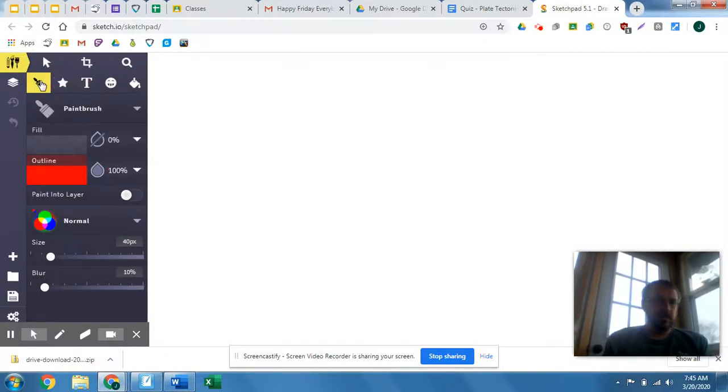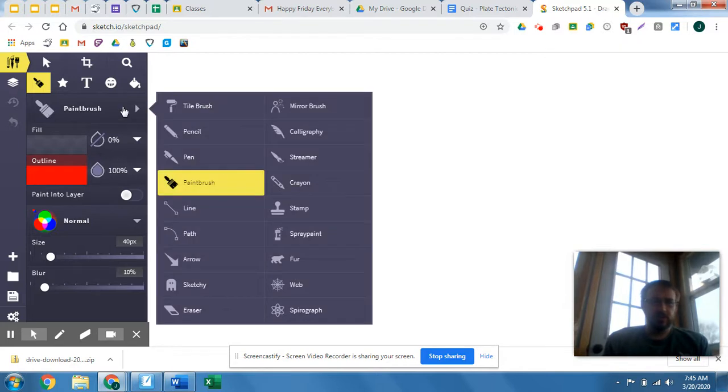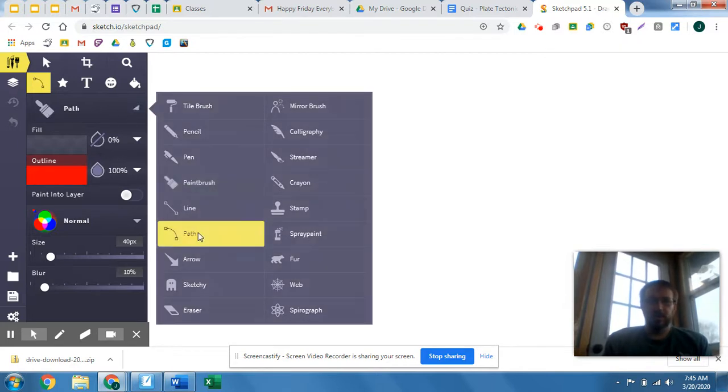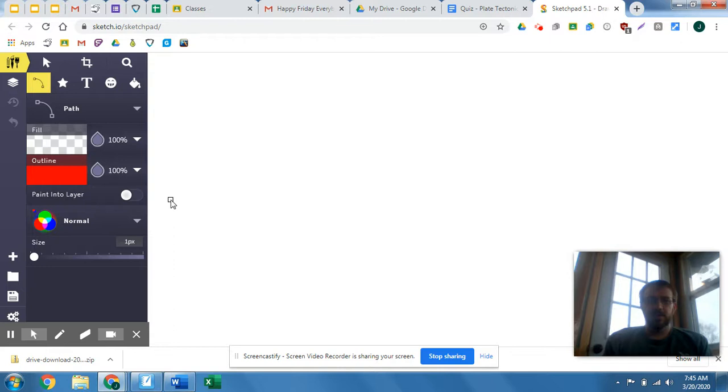What I notice is I've got a bunch of different tools I can use here. If you don't have a mouse, I don't think Chromebooks can even have a mouse. You can click and drag with this path one, or you can just hand draw it with a mouse pad using like a paintbrush or something like that.